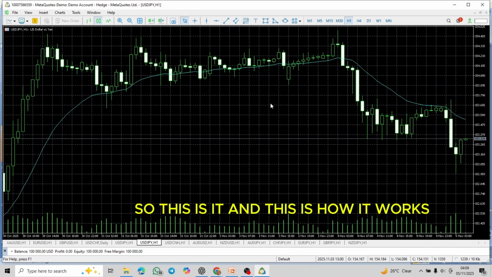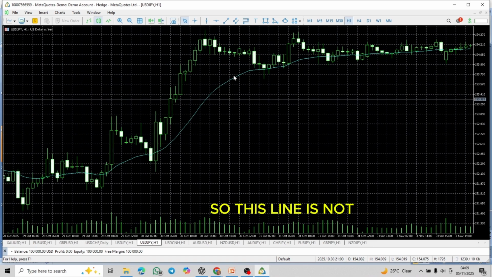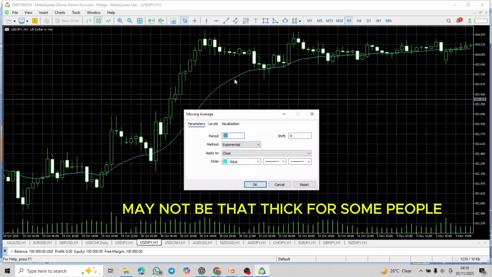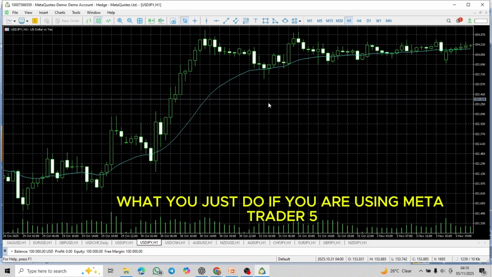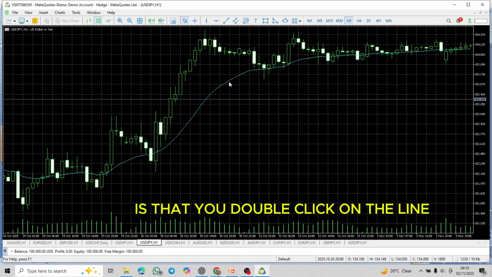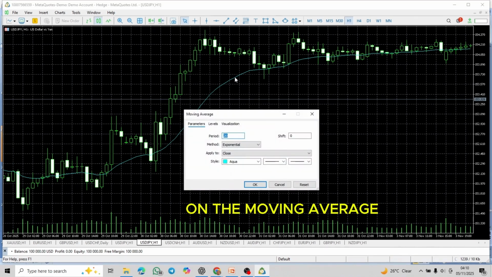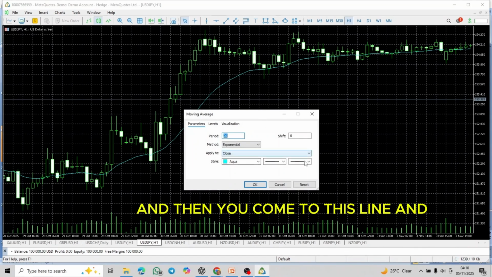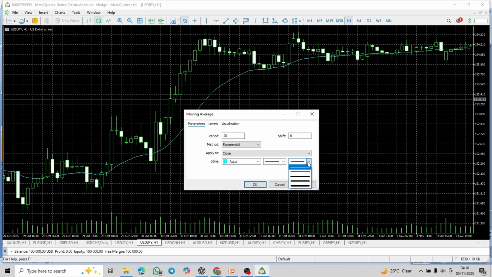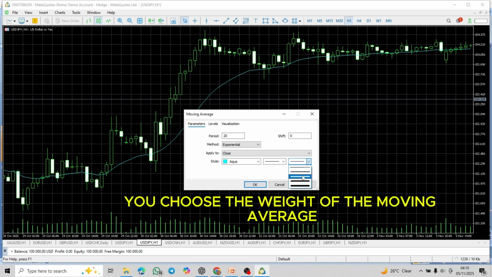So this is it, and this is how it works. This line may not be that thick for some people. What you just do, if you are using MetaTrader 5, is double click on the line, on the moving average, and then you choose the weight of the moving average.